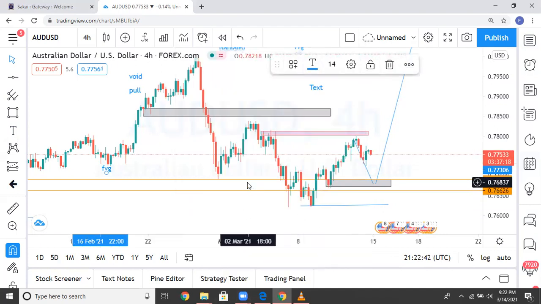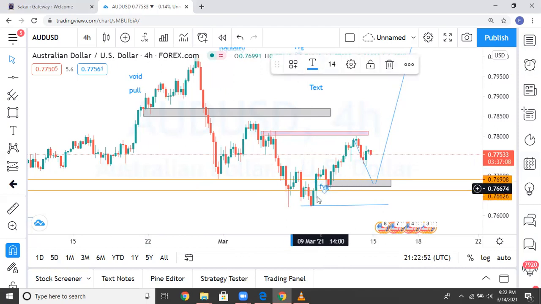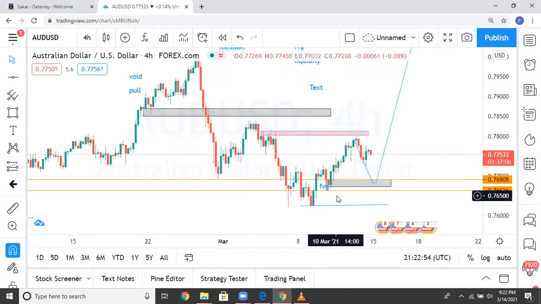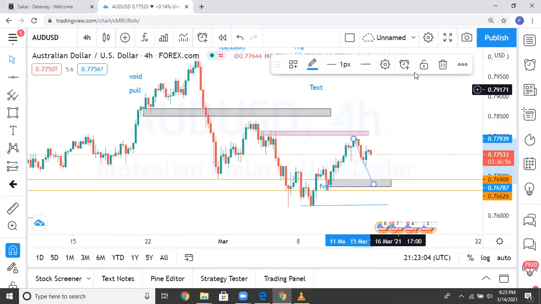It's so simple, you know. Guys, can you see it? If someone has seen the fair value gap, you can.